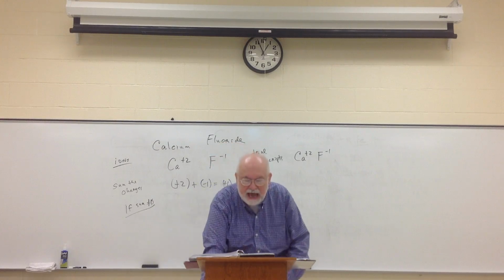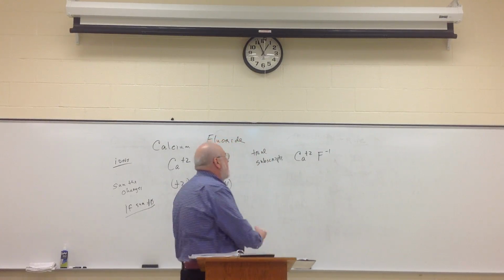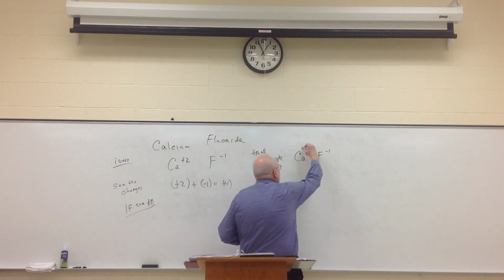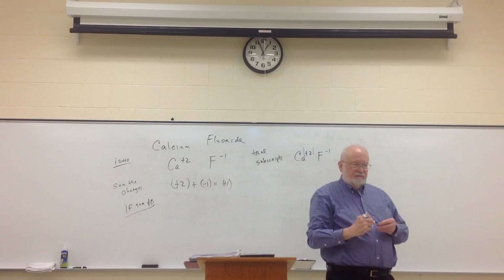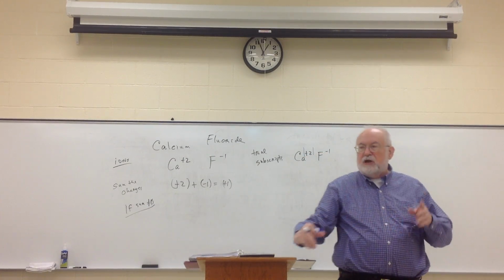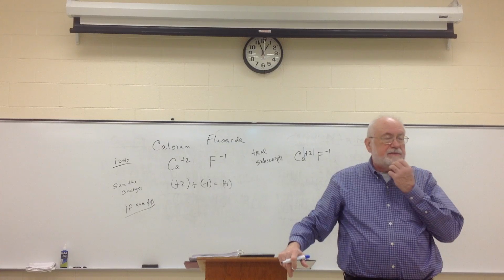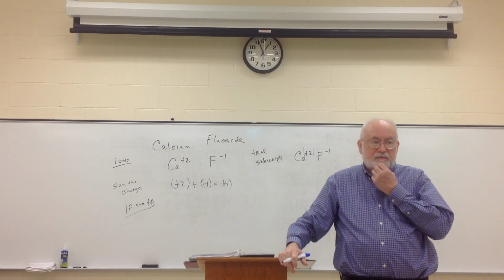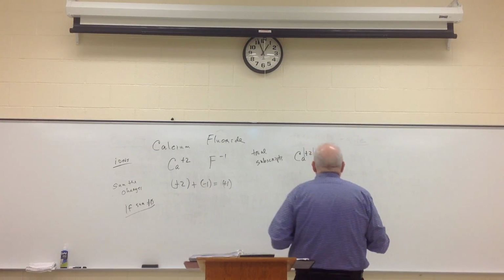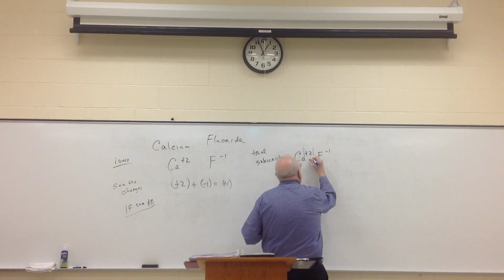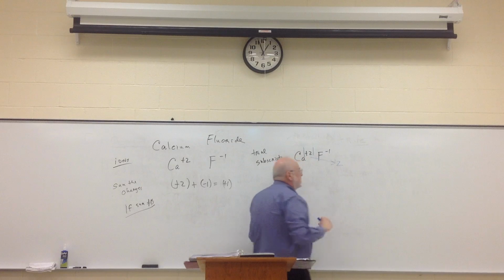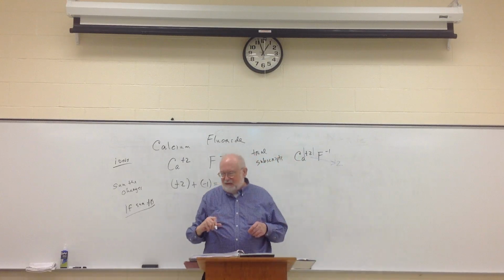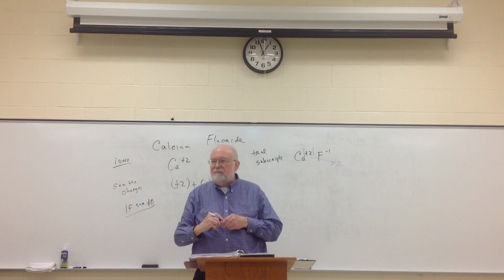I'm going to take the absolute value of the cation charge. Now, the cation charge is plus 2. What's the absolute value of plus 2? 2. And I'm going to make that absolute value of that cation charge the trial subscript for the anion. Just bring it right down there. All right?